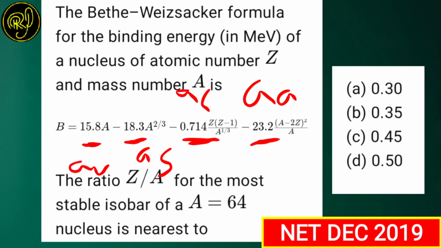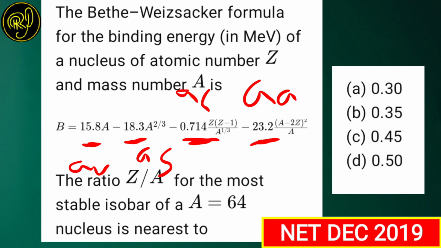Comparing the given equation with the semi-empirical formula, you easily get that the Coulombic energy term is 0.714 and the asymmetric energy term is 23.2.